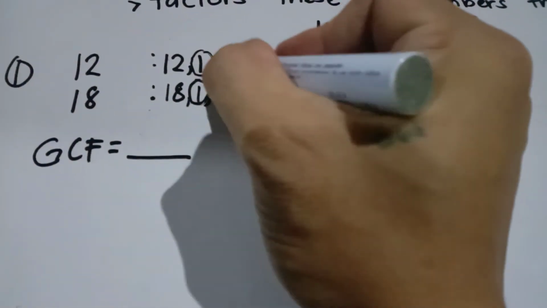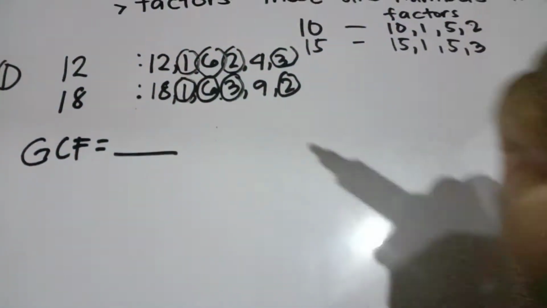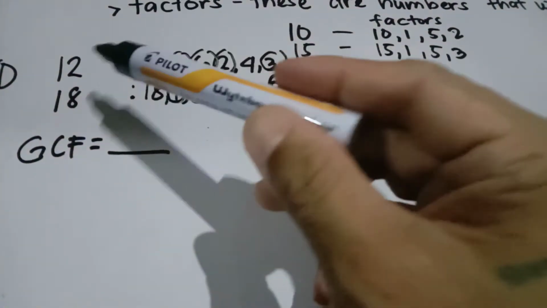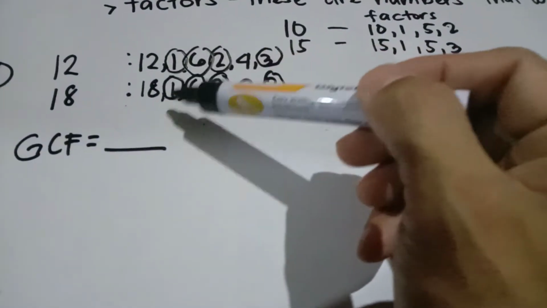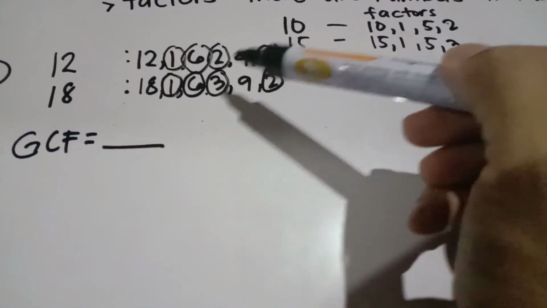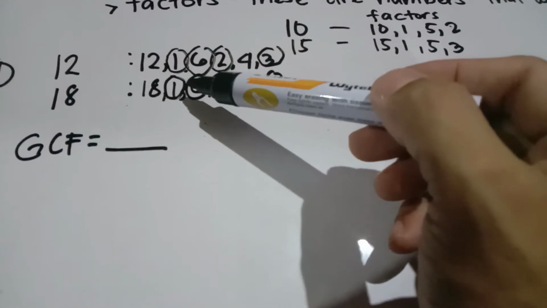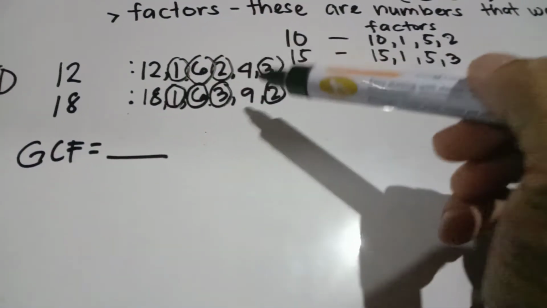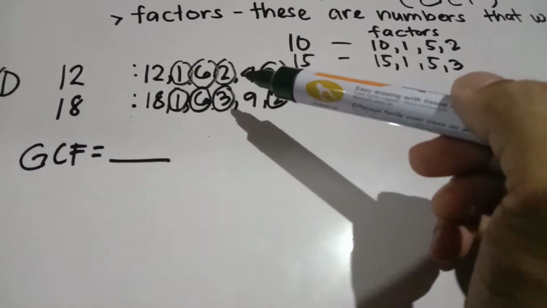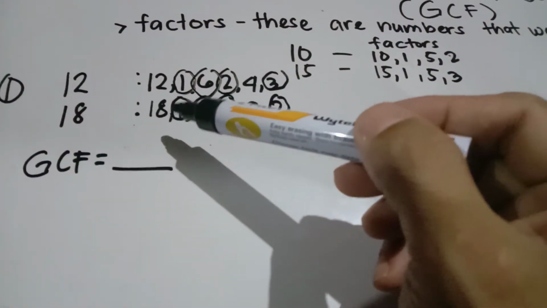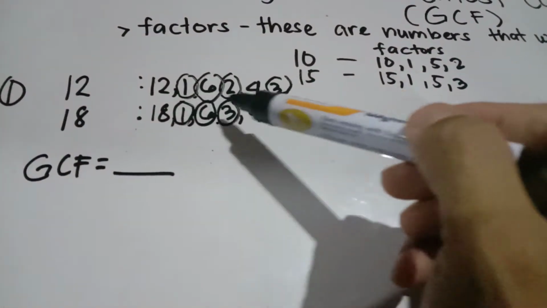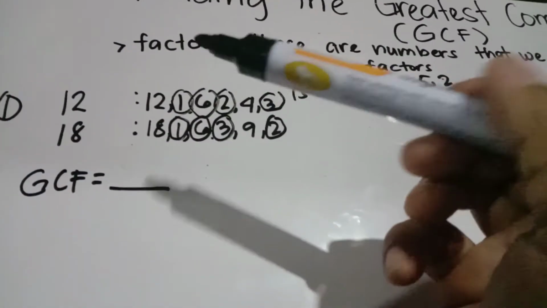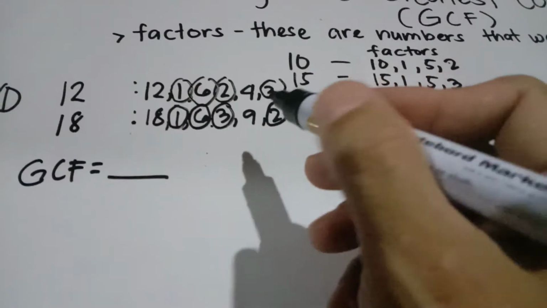What else? 6 is a common factor also. So, common factors of 12 and 18 are 1, 2, 3, and 6. Out of those common factors, pipiliin natin ngayon yung pinakamalaki, and that is now the greatest common factor.